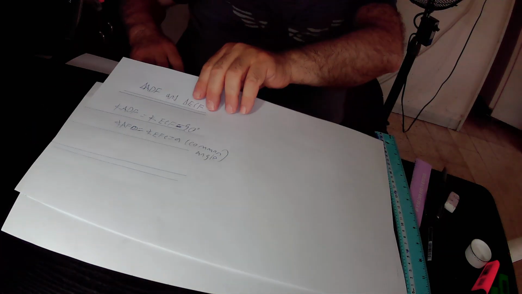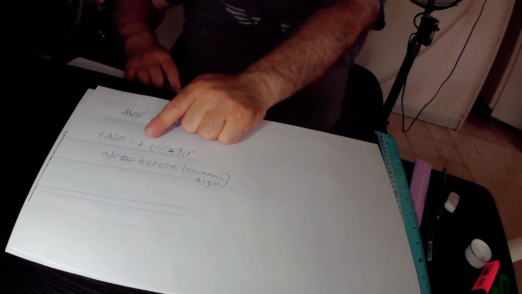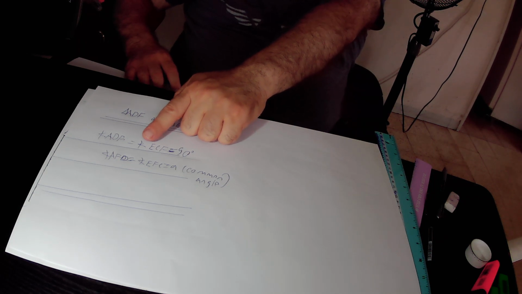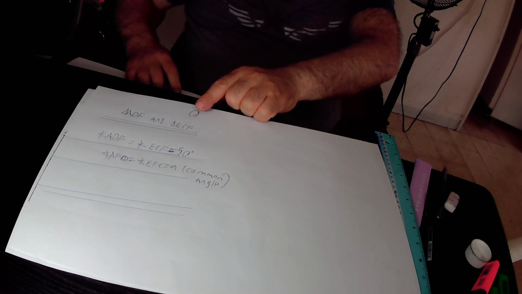Repeat again. This equation means that angle alpha equals itself. We just call angle alpha by two different names. Angle alpha equals itself, a common angle that belongs to both triangles, the biggest right triangle AFD and the smallest right triangle in the drawing, ECF.